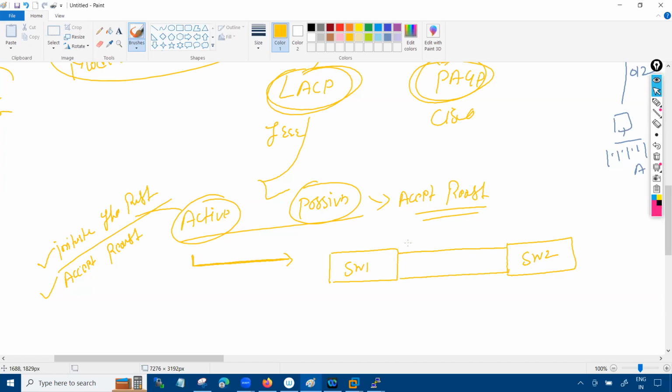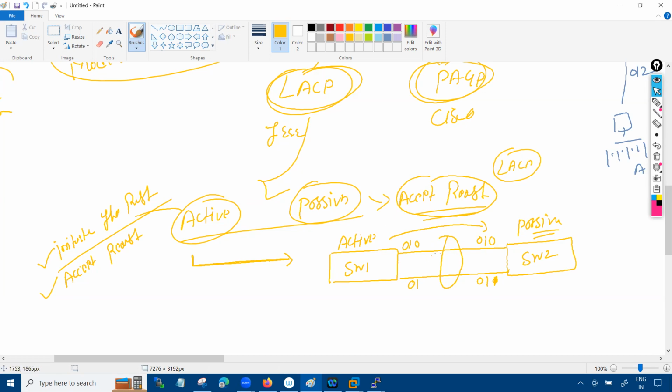I'm going to make a port channel on 0/0 and 0/0, and 0/1 and 0/1. Now I'm going to configure LACP. On one side I'm going to configure active, on the other side passive. They will make a request, hey, let's form the EtherChannel, and the passive side has the ability to accept the request and form the EtherChannel.